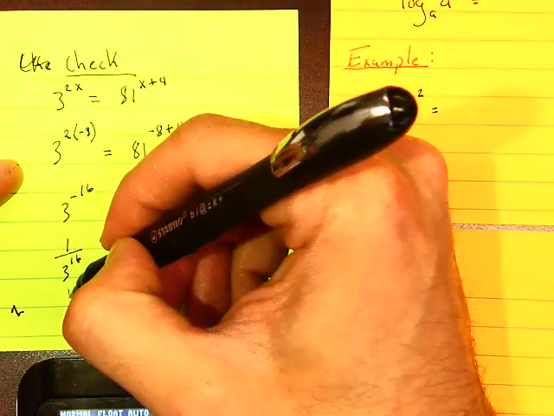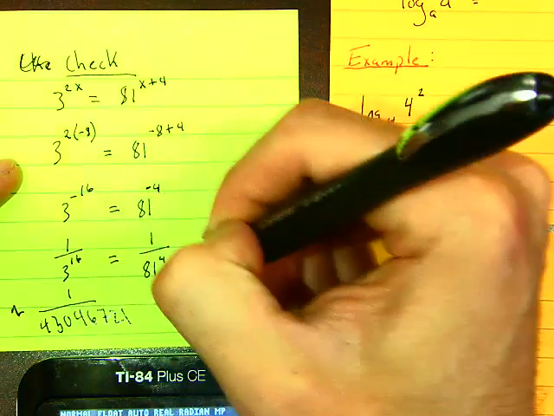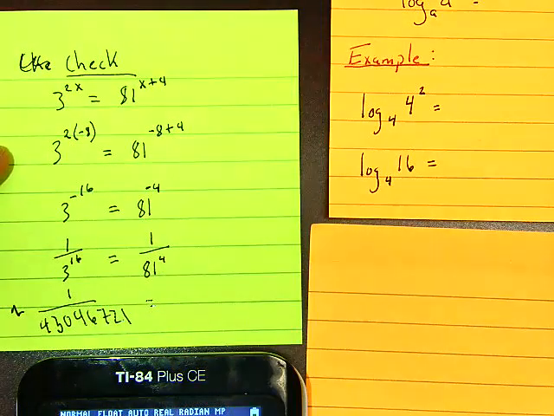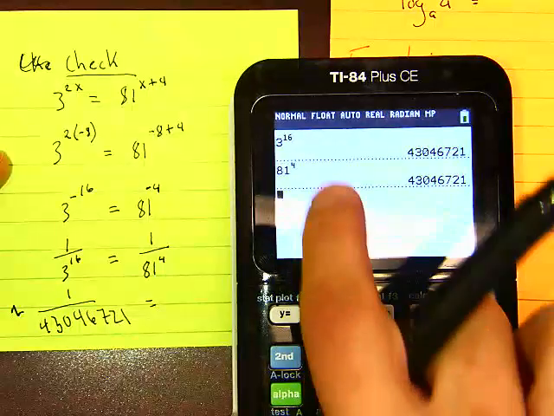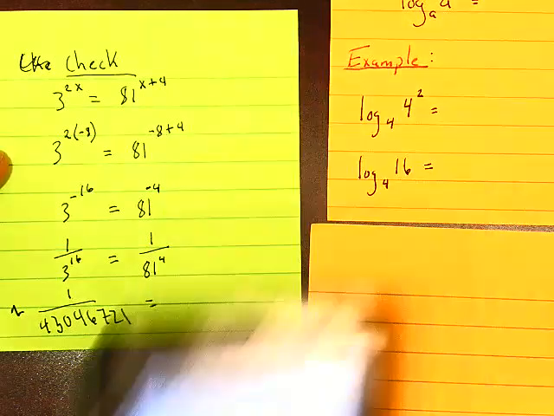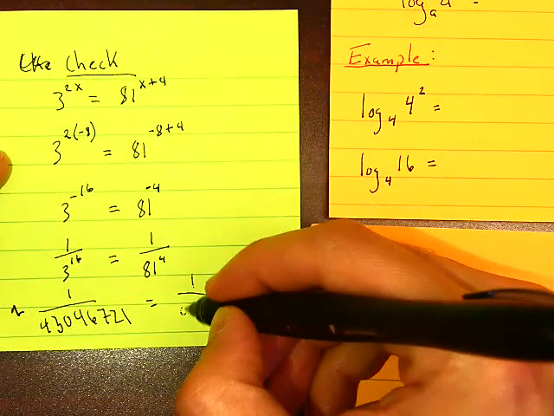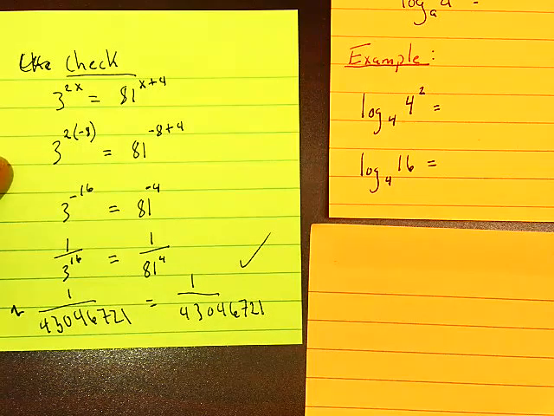It's going to be 1 over 43046721. And let's see, what is 81 to the 4? Notice that you get the same two numbers over here. So they are equal to each other. It's 1 over 43046721. And check, it works out.